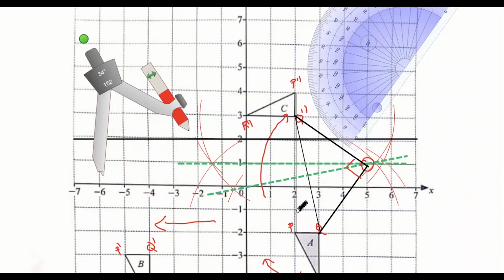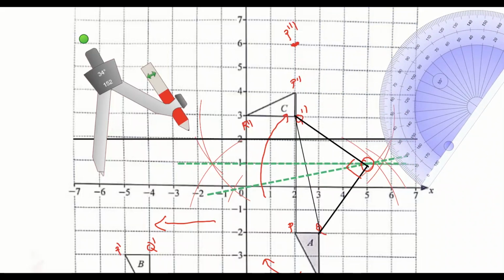You have 1, 2, 3, 4, so we'll continue in that direction, 1, 2, 3, 4, so this will be a point here, P triple prime. Let's check that again. From here 1, 2, 3, 4, so we counted 4 from point P to the mirror line, so we need to count 4 upward from there, 1, 2, 3, 4, so that's okay.